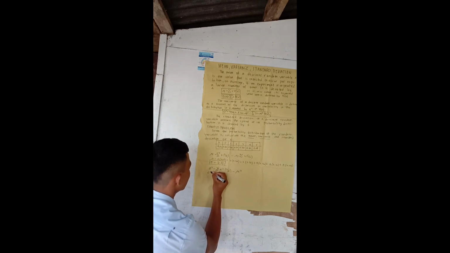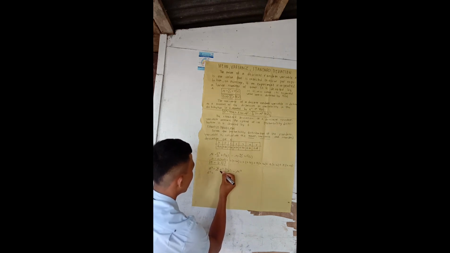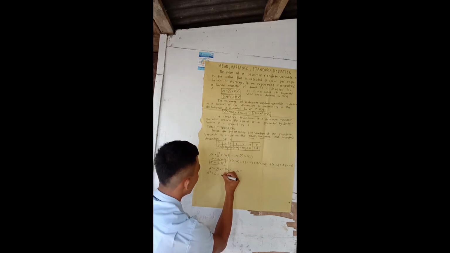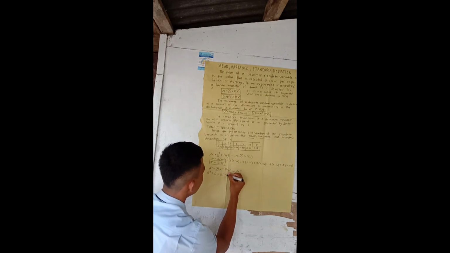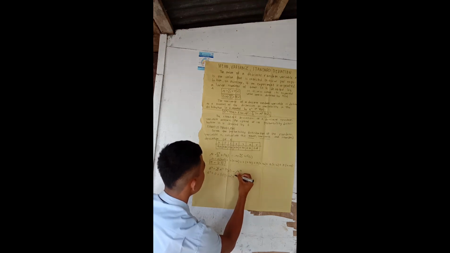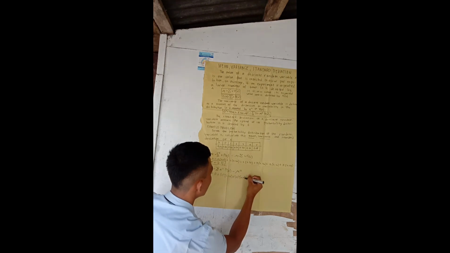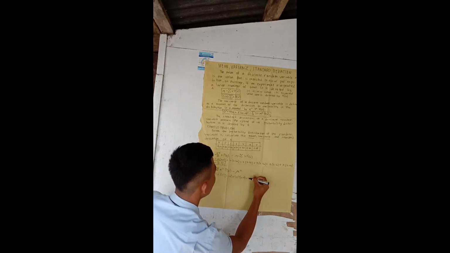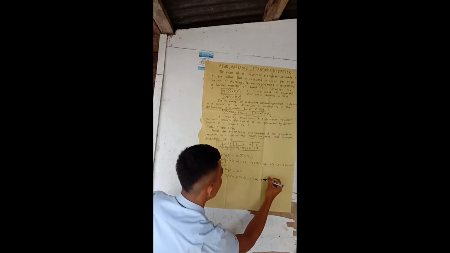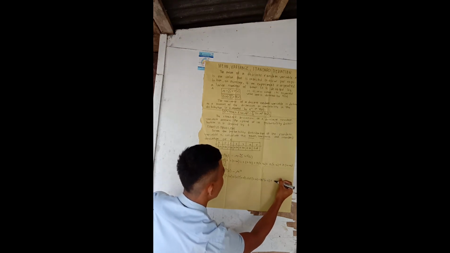So for the square, x squared 0, so it will be 0, plus 1 square multiplied by 0.2 plus 2 square multiplied by 0.3 plus 3 squared multiplied by 0.3 plus 4 square multiplied by 0.10 plus 5 square multiplied by 0.08.